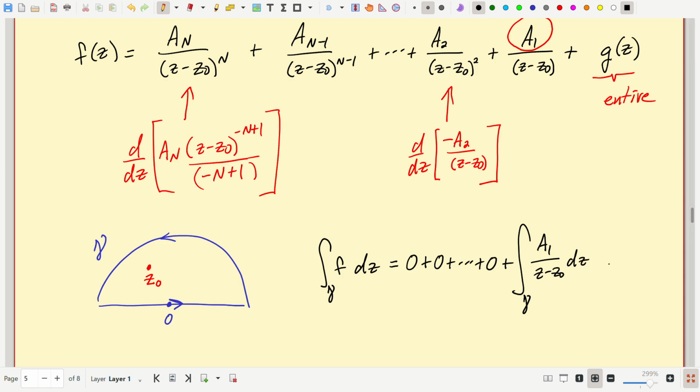And then the integral of the entire thing would be 0 by Cauchy's theorem. So these zeros are because of the fundamental theorem of calculus. Those terms are derivatives. The entire function, that's just the Cauchy theorem.